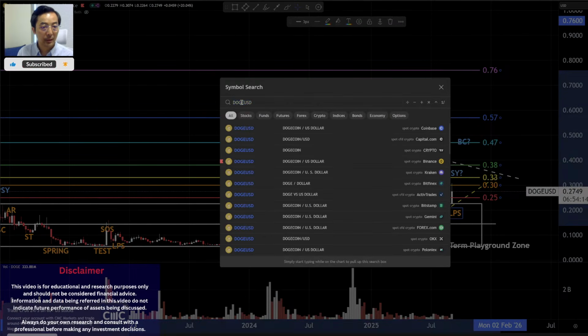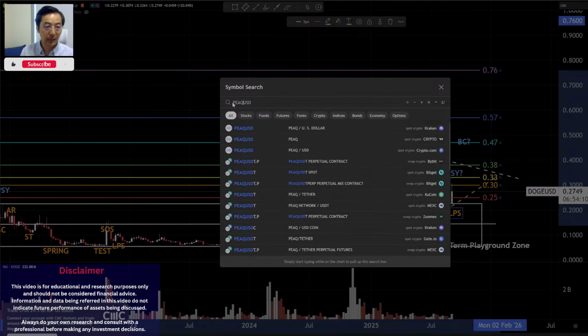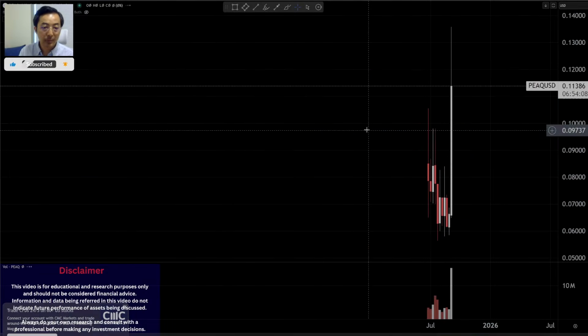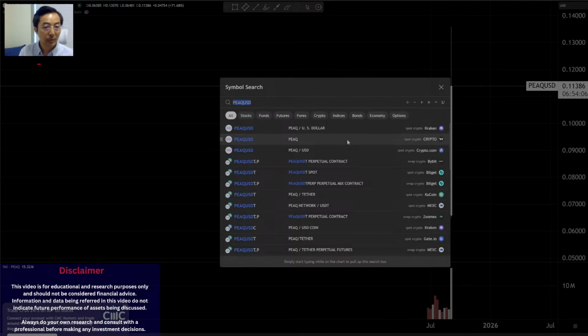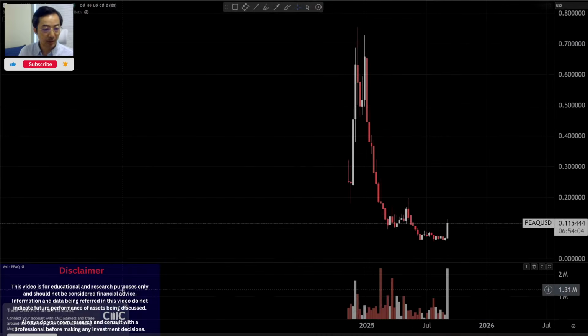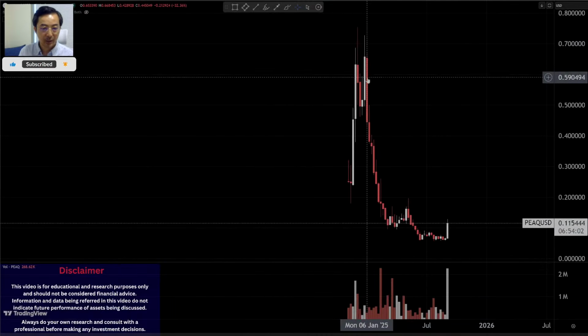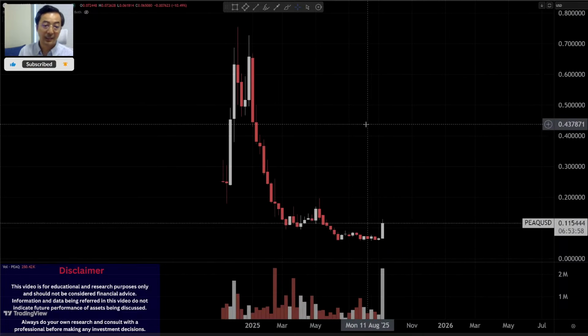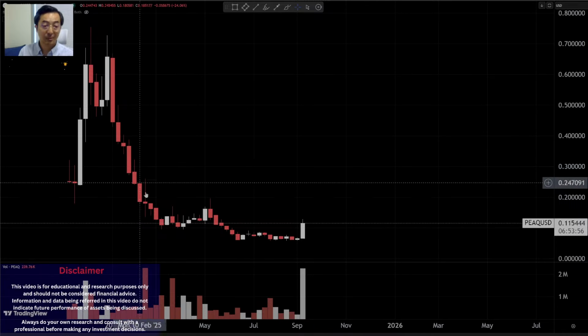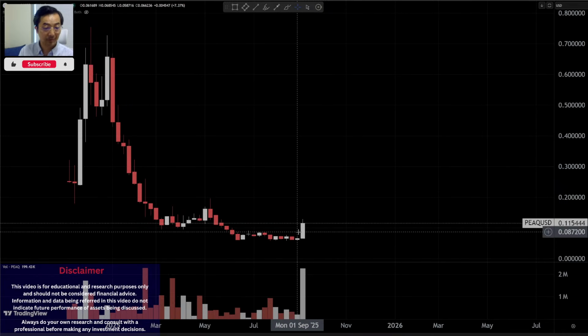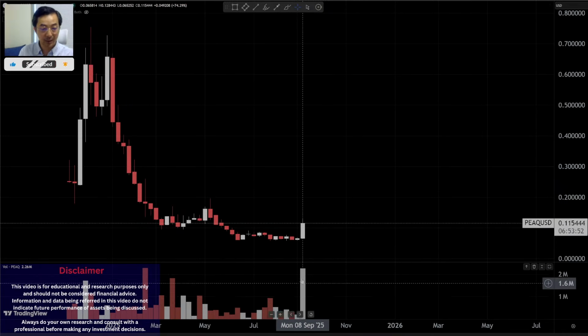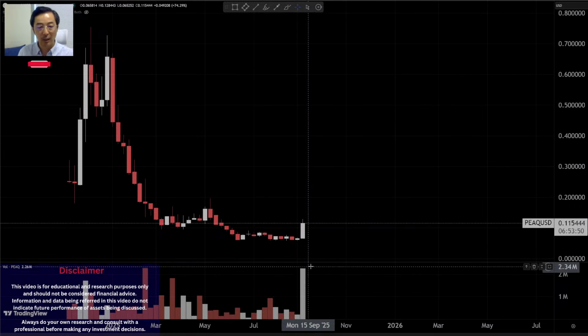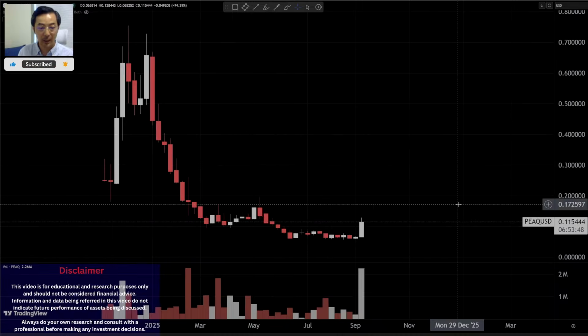But PEAQ, according to some people's way of saying, it's basically flat as a table. I don't disagree. After this massive drop during the beginning of this year, indeed it's really flat, but other than this week, you see this huge volume bar that's going on right now.